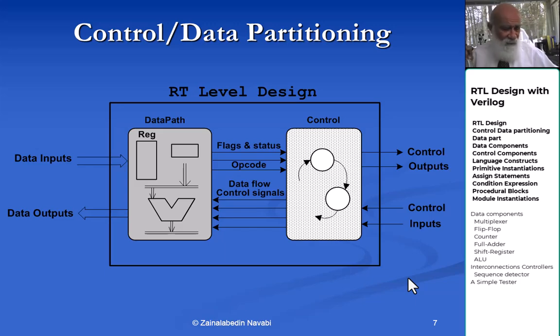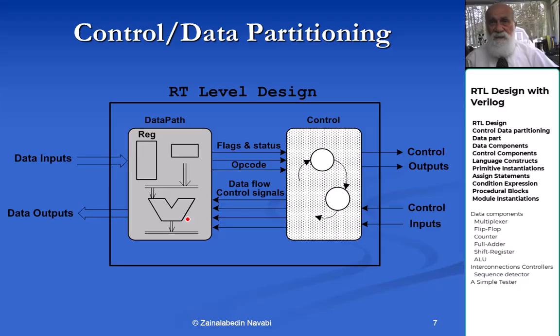In the data path, you are seeing maybe a register, maybe a register file, maybe a multiplier, maybe an ALU, and so on. An ALU is an arithmetic logic unit, a logic unit that performs logic and some arithmetic functions.